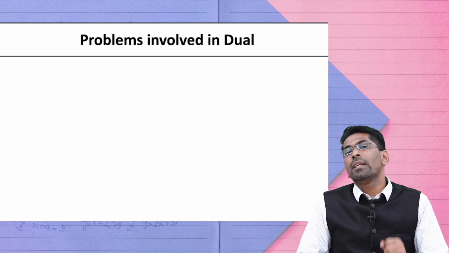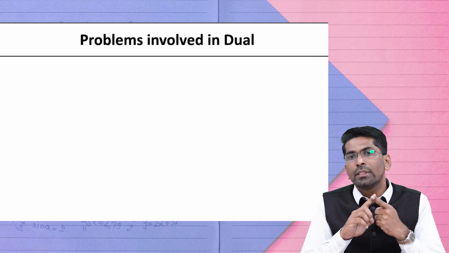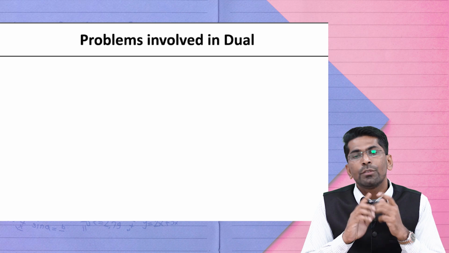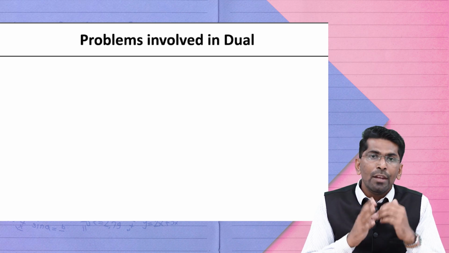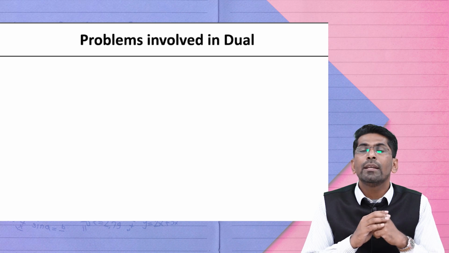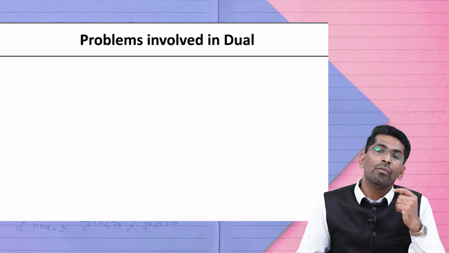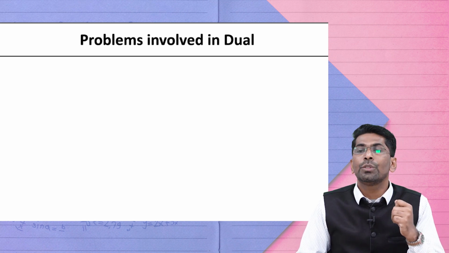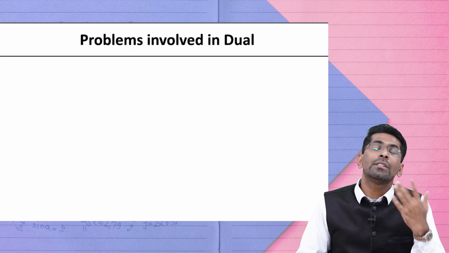But there are certain problems related to duality as well. See, the duality concept in linear programming, no doubt, is very powerful and provides valuable insight, but it does not necessarily mean that solving the dual problem is always a practical or efficient way to find the solution to the primal problem. So there are certain reasons why directly solving the dual problem might not be the best solution.